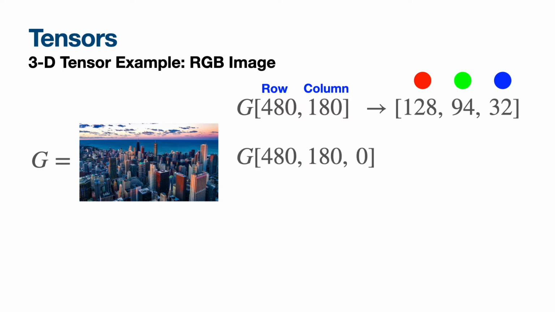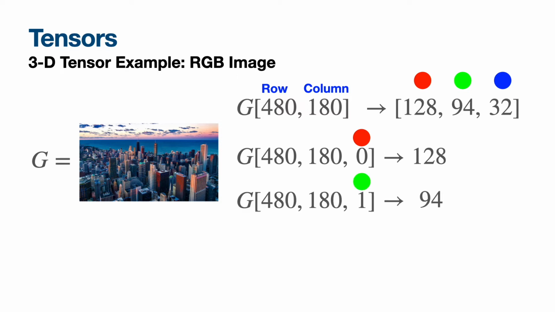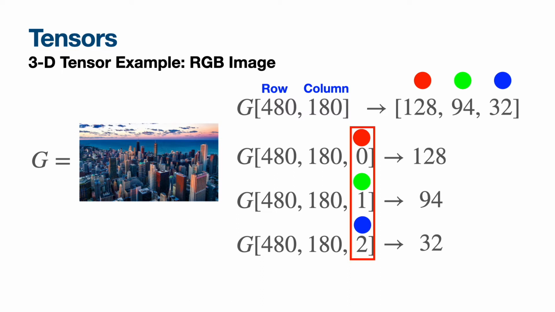For example, G[480, 180, 0] gives the red color intensity of the pixel, which is 128. Similarly, we can obtain the green and blue color intensities using the third axis. We'll call the third axis a channel. So, we specify the row, column, and channel positions to retrieve a color intensity value.